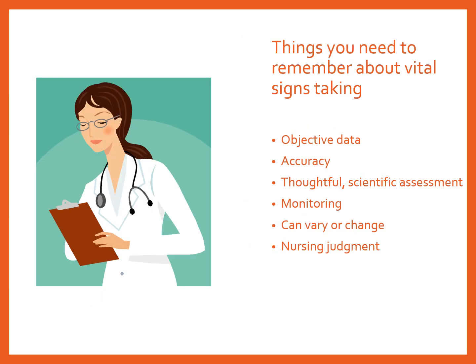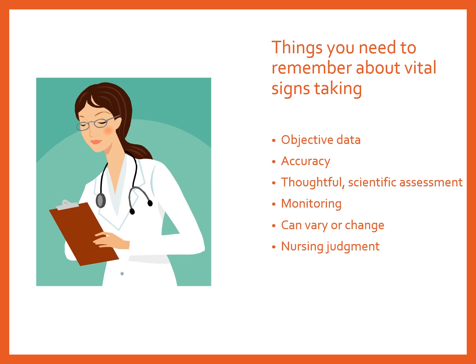Things you need to remember about vital signs taking. Number one is the objective data, as taking the vital signs is considered as your objective data. The accuracy of your vital signs taking: it should be taken with thoughtful and scientific assessment. Monitoring depends on your patient's status or your hospital's policy.